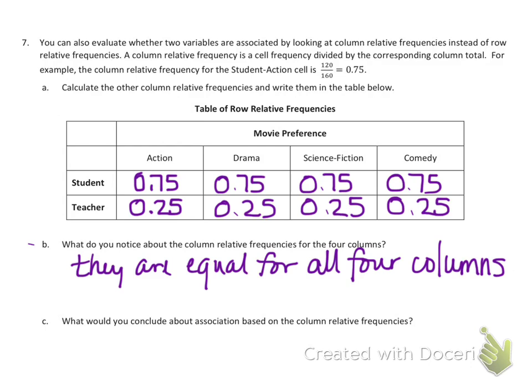Well, it would appear that because the column frequencies are the same for every column, there's no association between the 2 variables, between status and movie preference. Okay, let's write that.